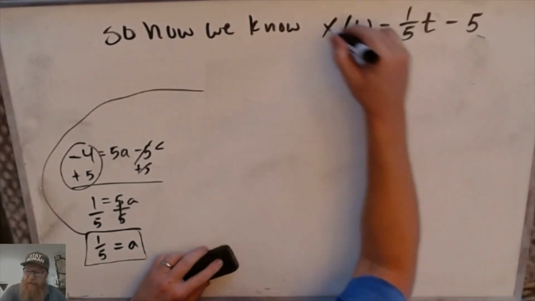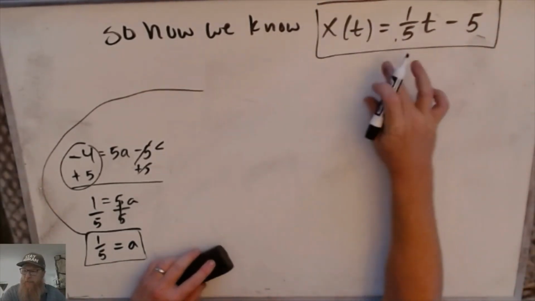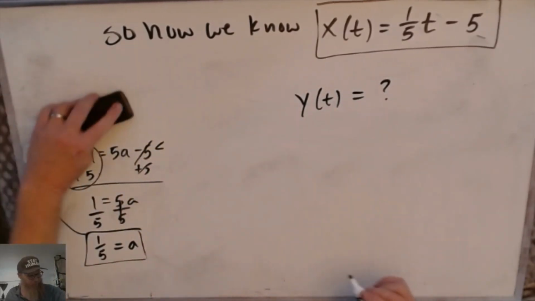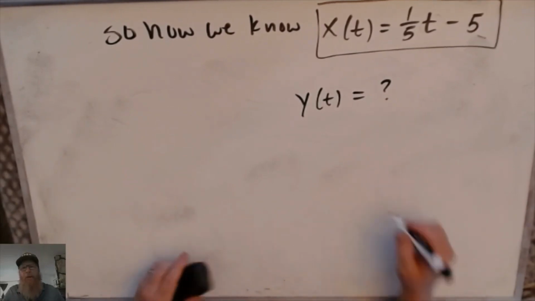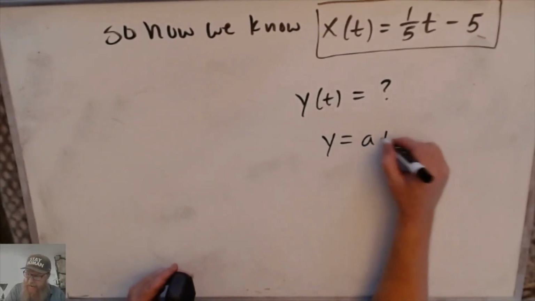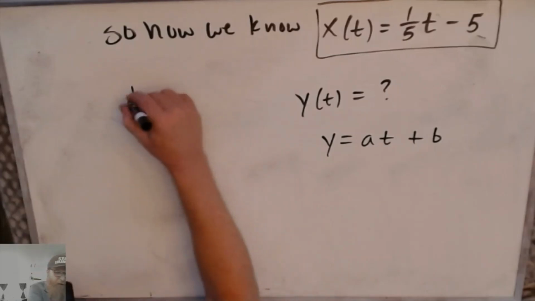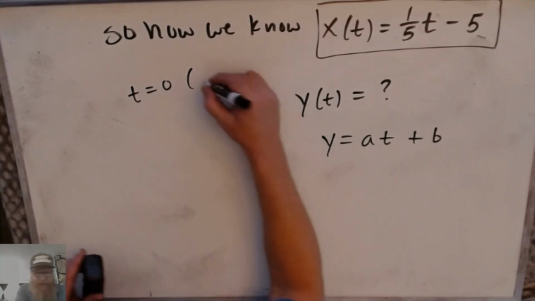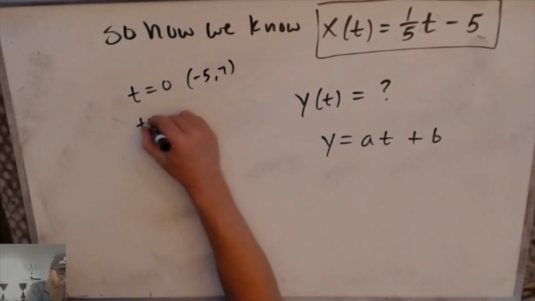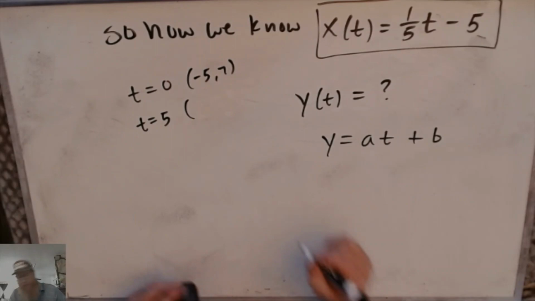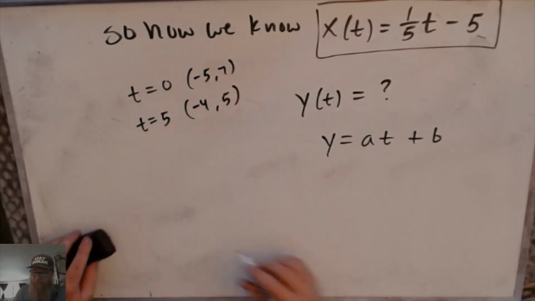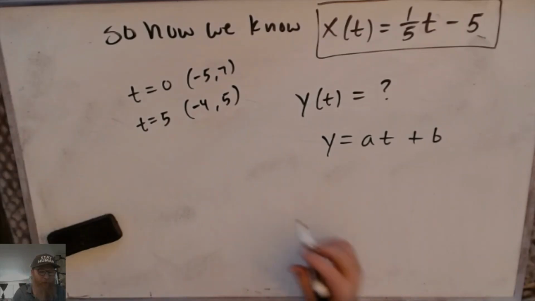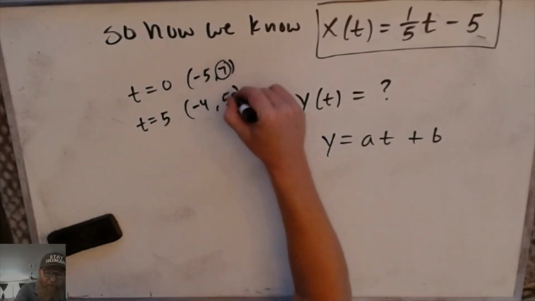All right, so we got x. All right, so what are we going to do for y now? Well, we're going to do the same basic idea, at plus b. Now remember, I erased it, but we had at t equals 0, it was negative 5 and 7. And when t equals 5, it's negative 4 and 5. So this time we're focusing on the y values.